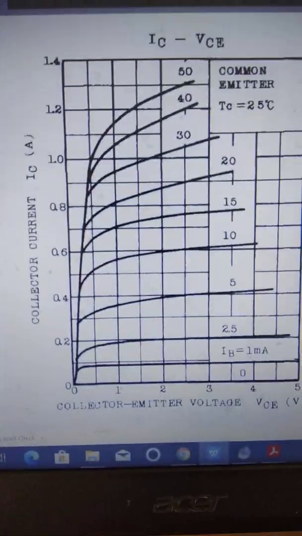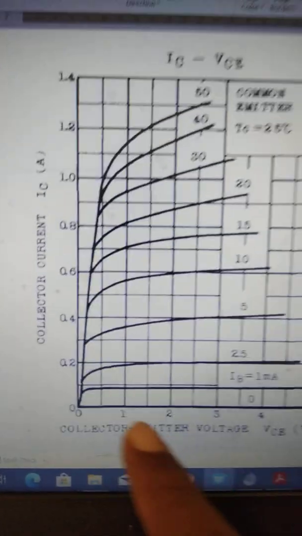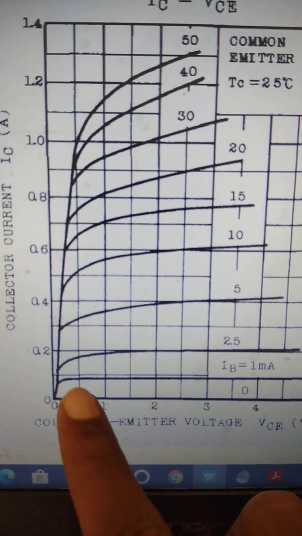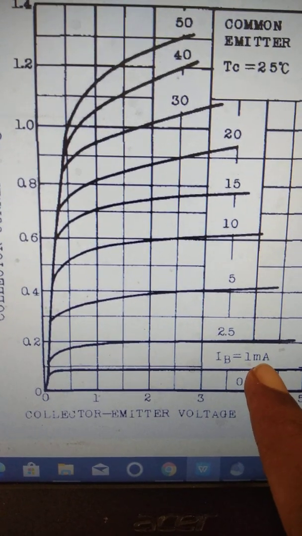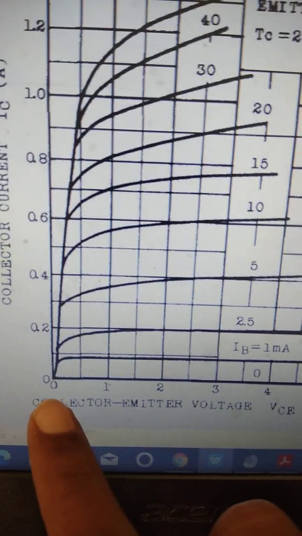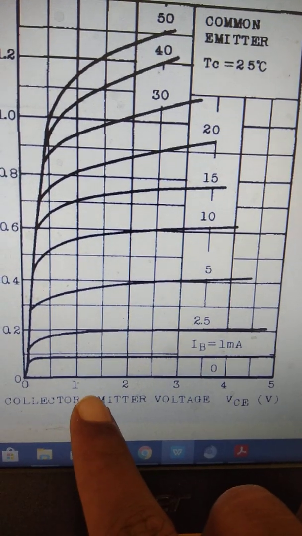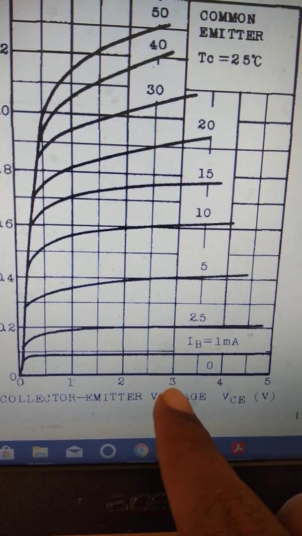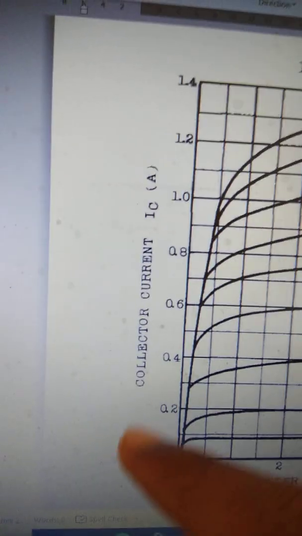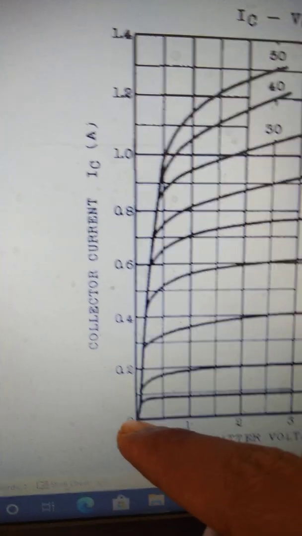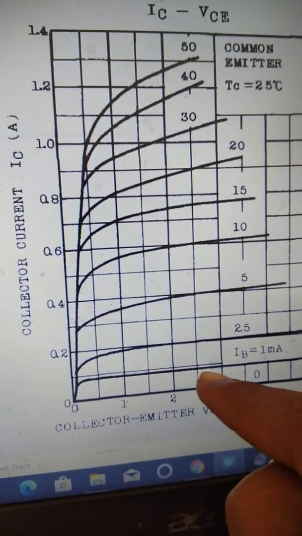Now when we plot the characteristics of voltage versus current, you can observe initially base current IB is constant at 1 milliampere, and when we increase voltage VCE from 0 to 1 volt, 2 volt, 3 volt and 4 volt, then current IC increases, and then IC becomes constant.